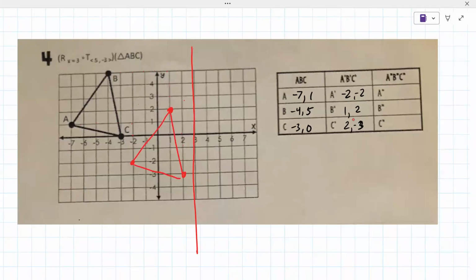And you'll see now it reflects a lot nicer over that. And I think that does mean we're going to have to go back and fix number one.